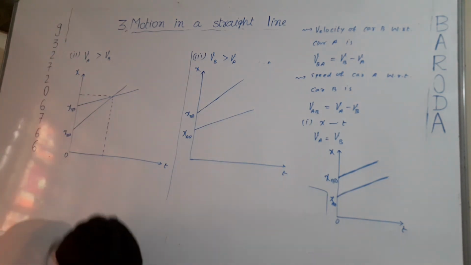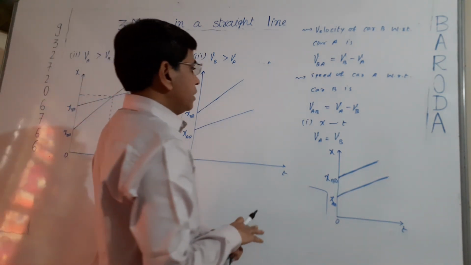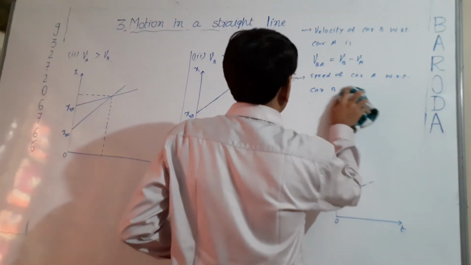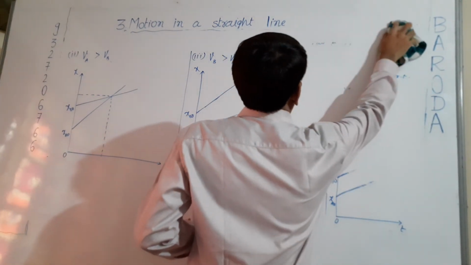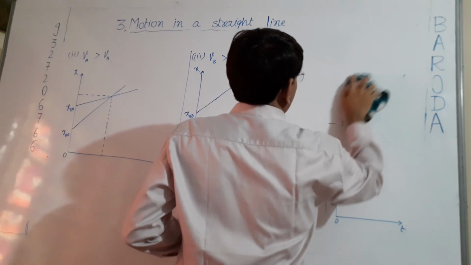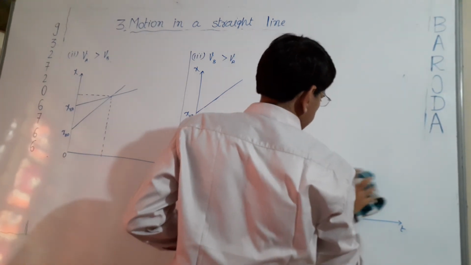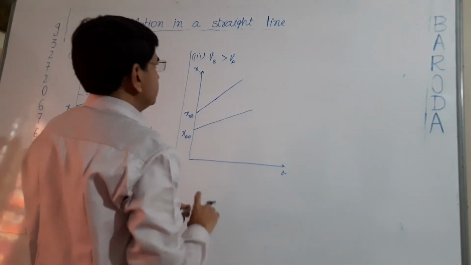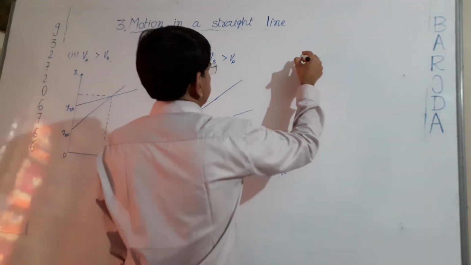What will happen when car A and car B are moving in opposite directions? Fourth one.